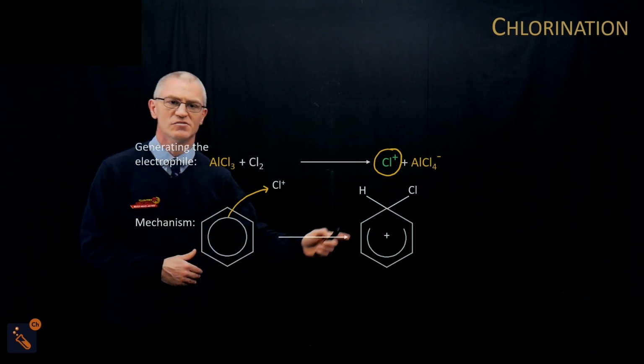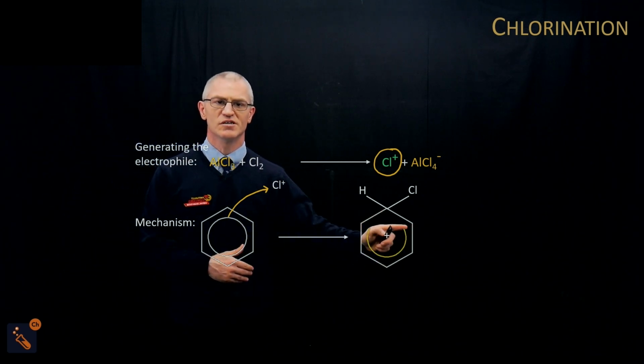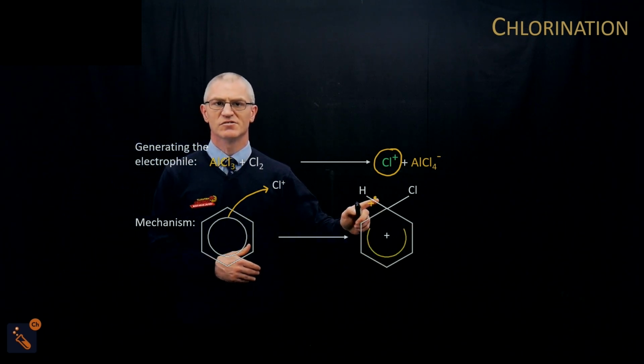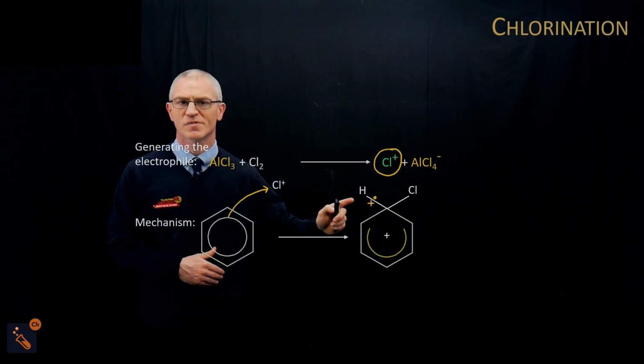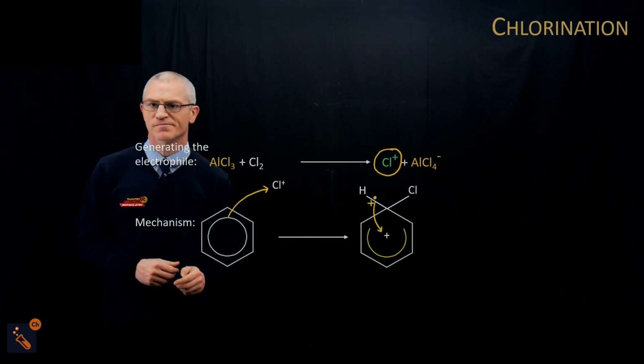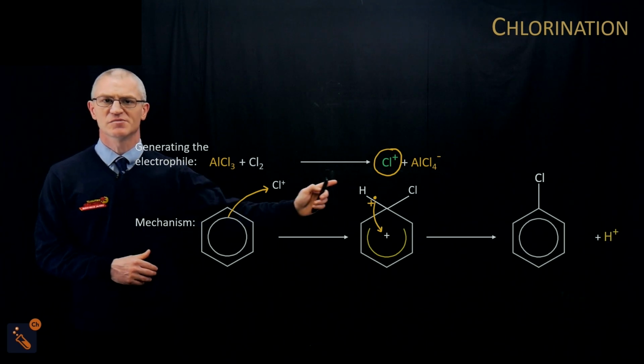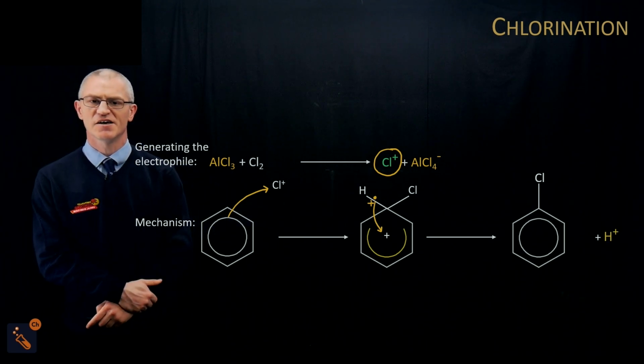And then we go to the clown's face, as I called it, which you draw here. And then we go to the electrons. We take those electrons back in, break the bond between the C and the H, and restore the delocalized ring. We then turn it into our product plus our H+, because our H+ here has left.